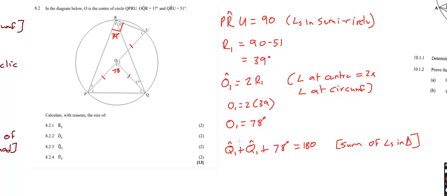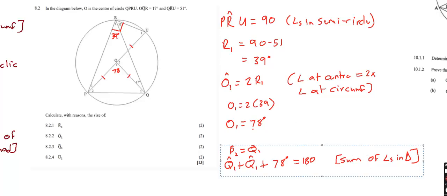But I think it's important to first state that P2 is equal to Q1. And let me bring all of this a little bit lower. P2 is equal to Q1, and this is because these are angles opposite equal sides.